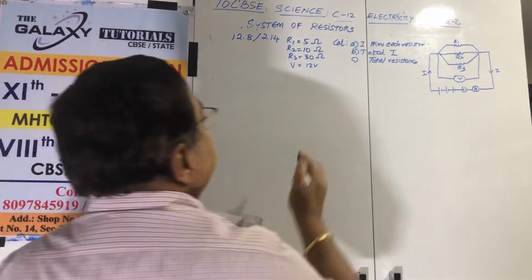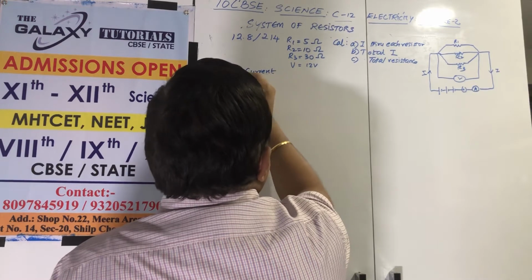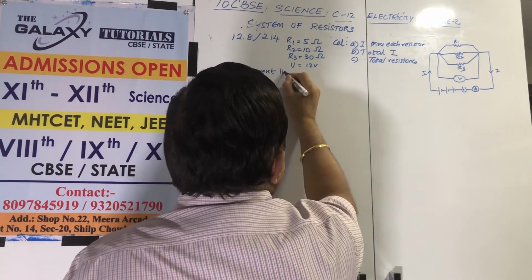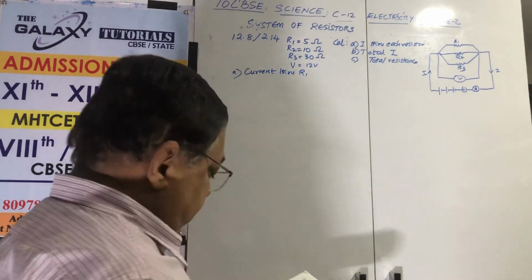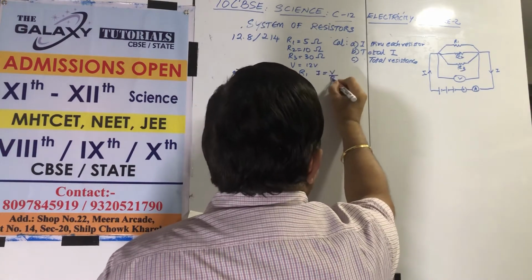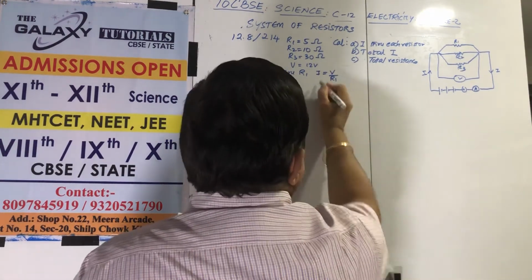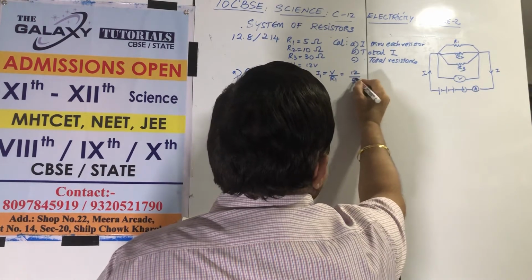First, we will see current through R1. I will take one at a time. Okay, I is V upon R1, that is I1. So I will have voltage is 12, resistor is 5 ohms.